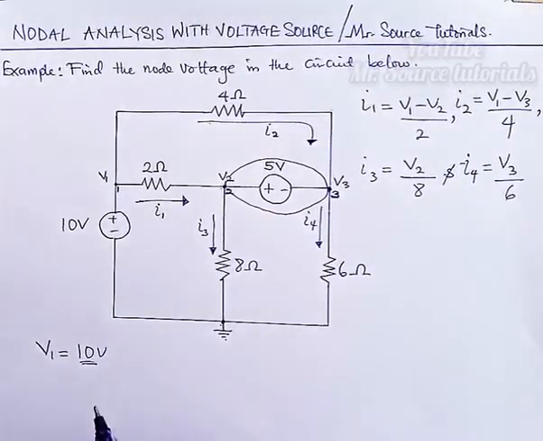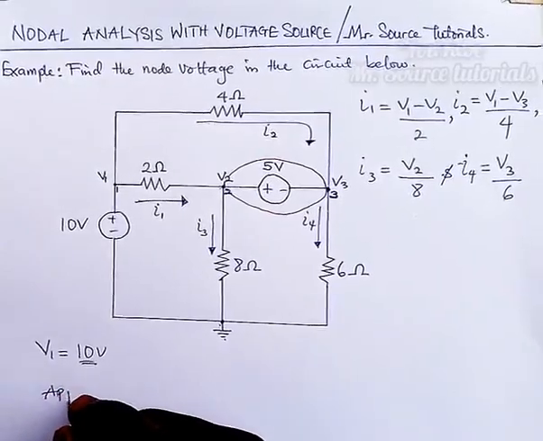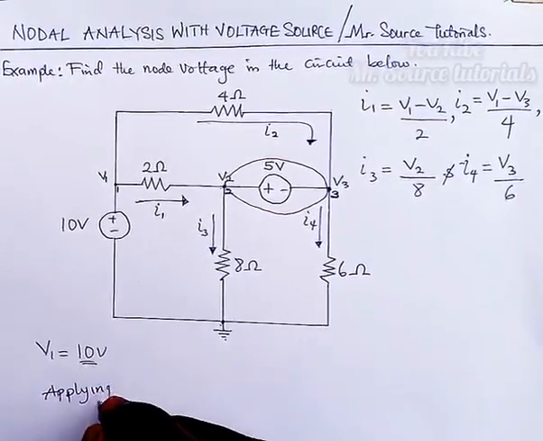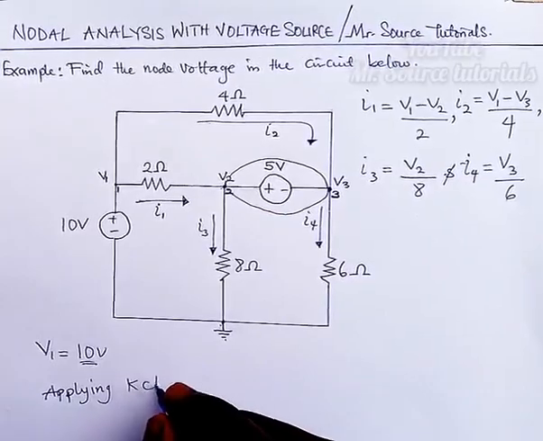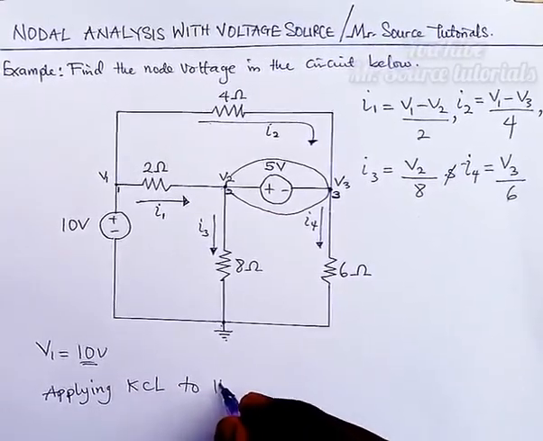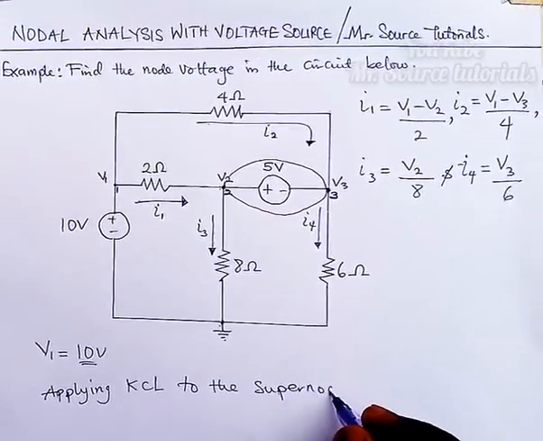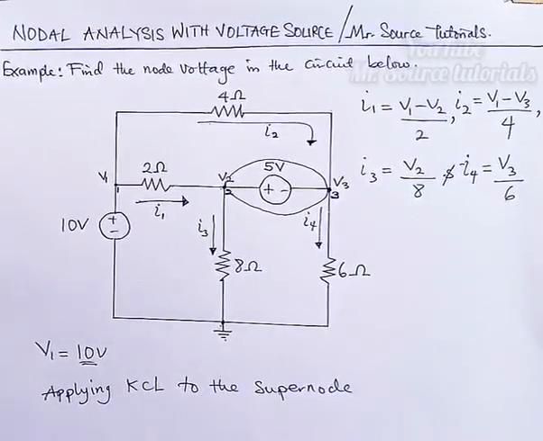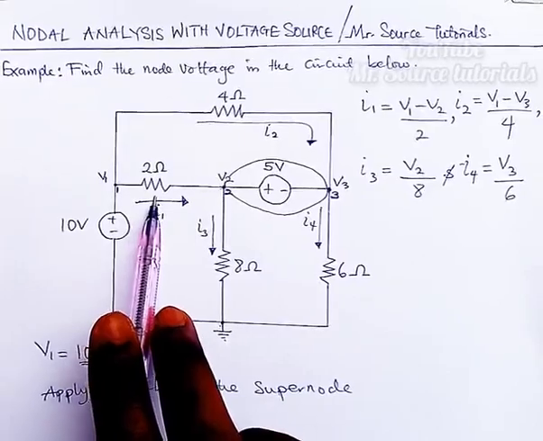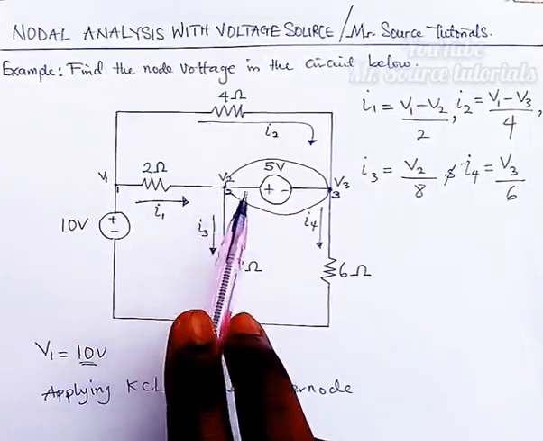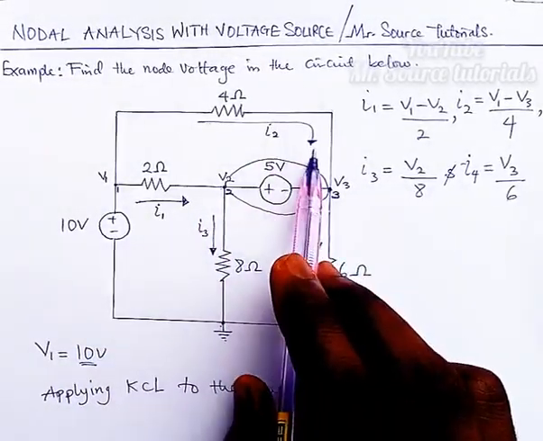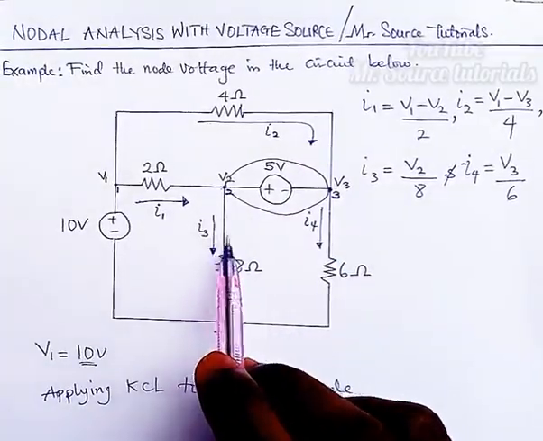So you say applying KCL, that is Kirchhoff's current law, to the supernode. Looking at this supernode, you can see that current I1 is going into the supernode, current I2 is coming into the supernode, while current I3 is going out and current I4 is going out.